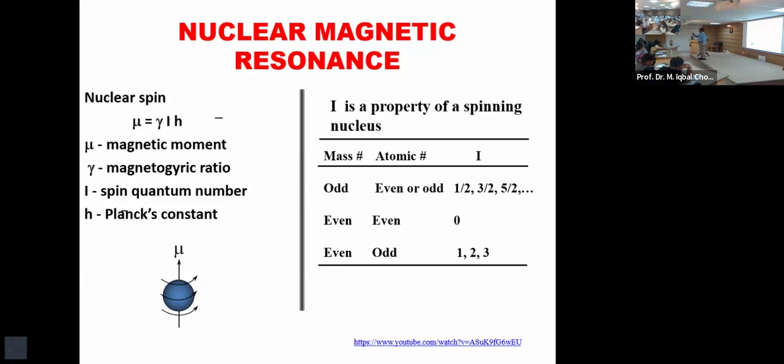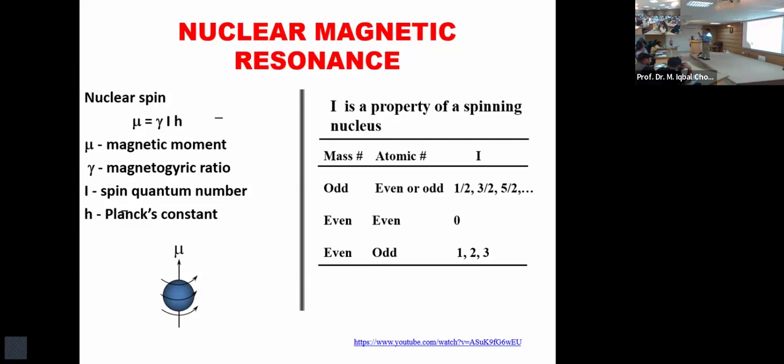Any particle which exists in the nucleus is called a nucleon. And when any of the subatomic particles is unpaired, there is an inherent dissymmetry. As a result, the nucleus starts spinning around its own axis.